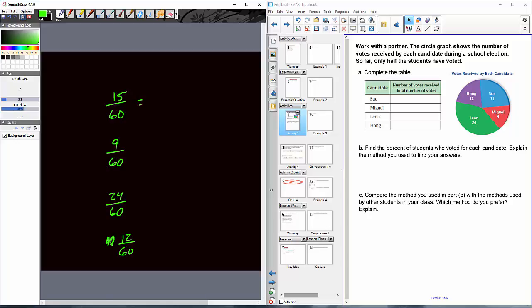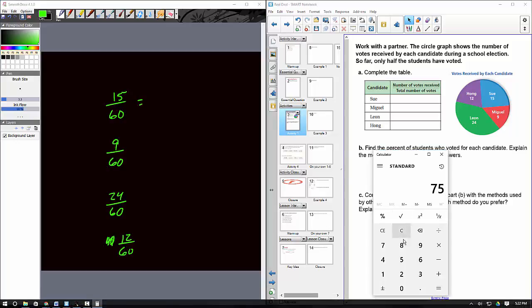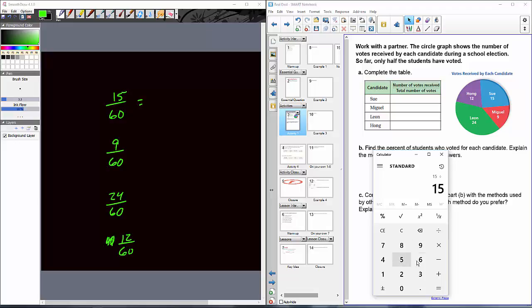Then we'll start solving these. 15 divided by 60 equals 25%. Next, 9 divided by 60 is 15%. Then 24 divided by 60 is 40%.